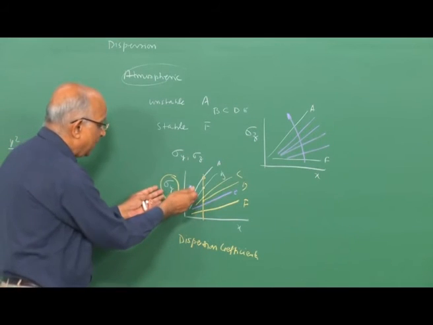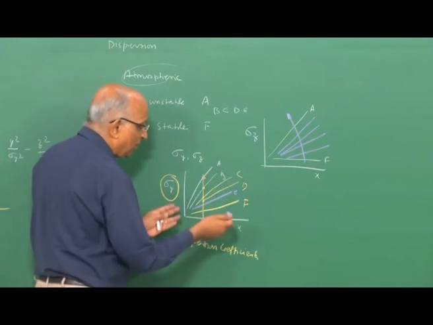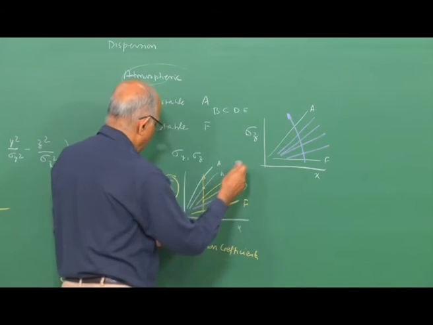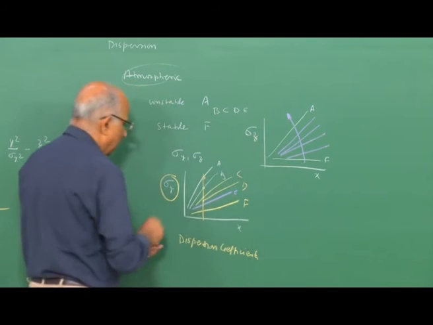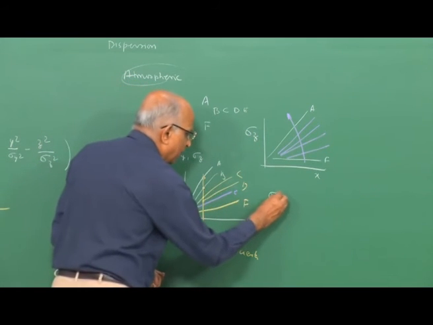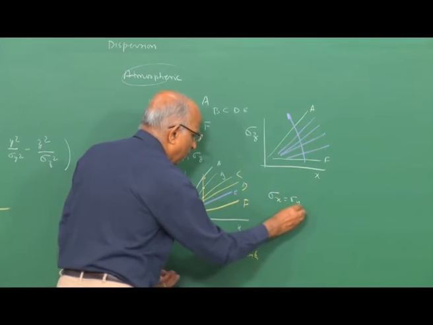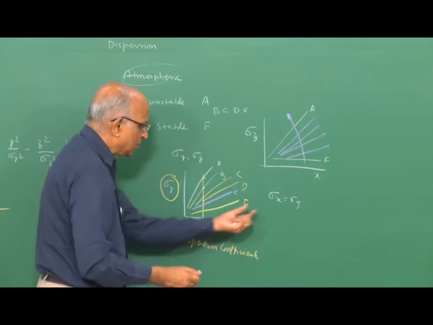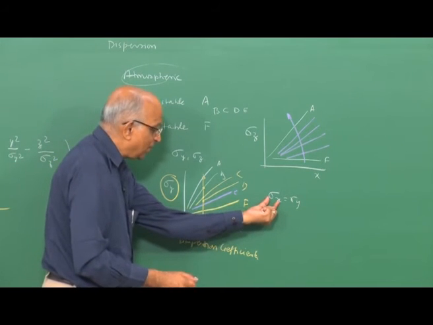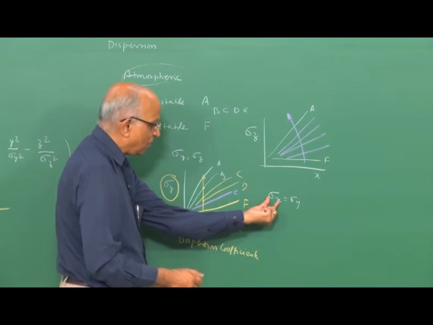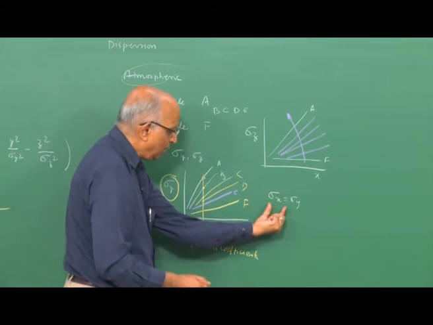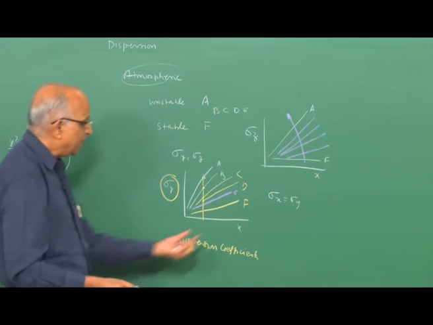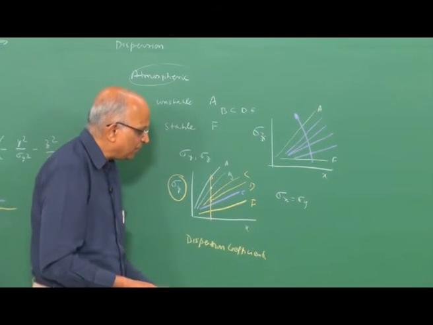When we consider a steady case, we do not consider sigma x, but when we consider a particular puff, we also consider the value of sigma x. Normally for a puff, sigma x is equal to sigma y, because it travels in the same direction, and there is no wind, as we are not considering the wind condition. We will also consider the case of a puff with wind shortly, but when there is no wind, sigma x is equal to sigma y, and this is how we calculate the dispersion coefficients.